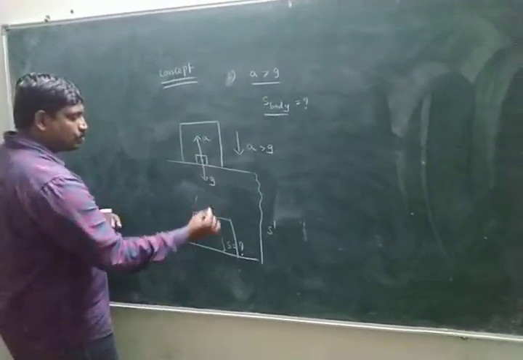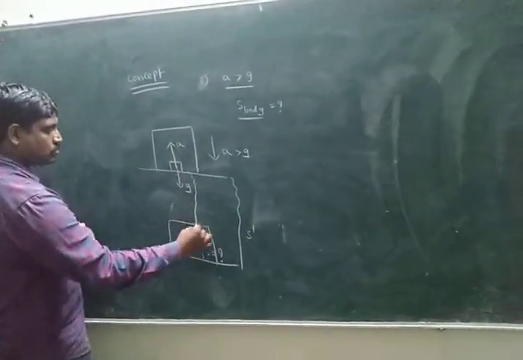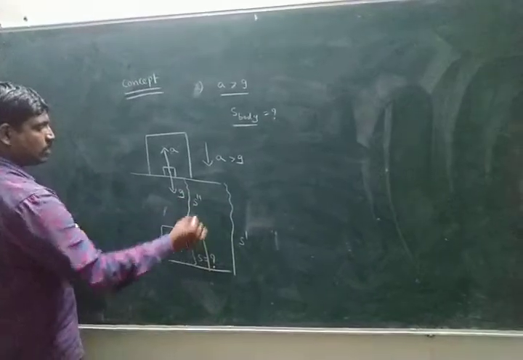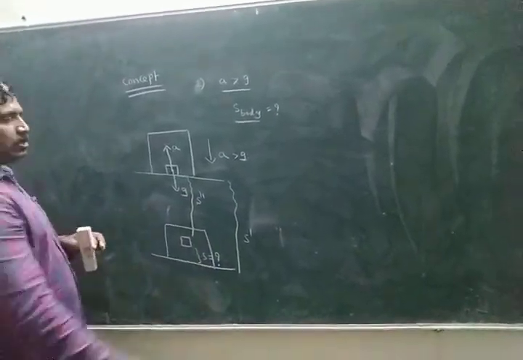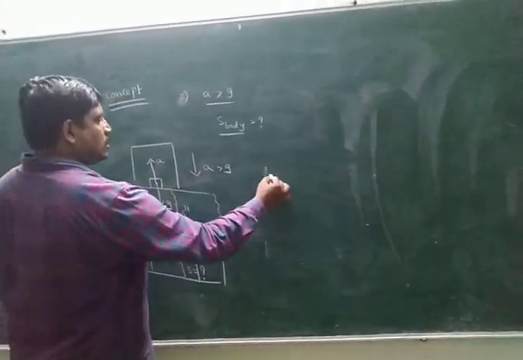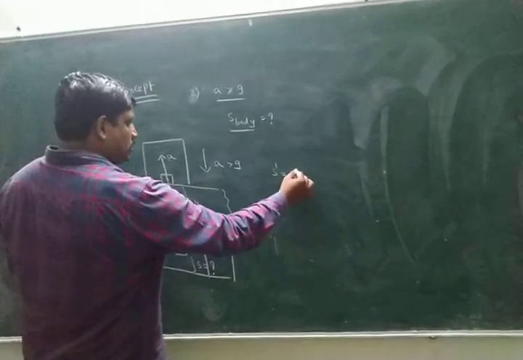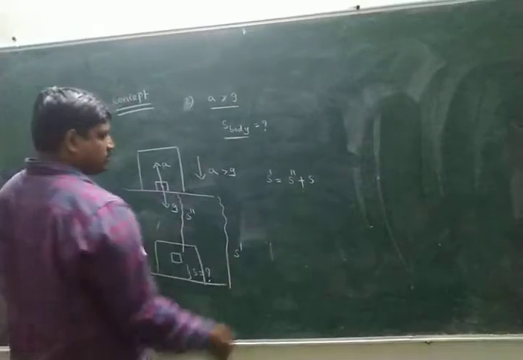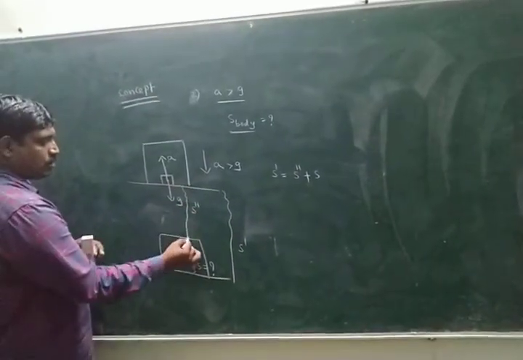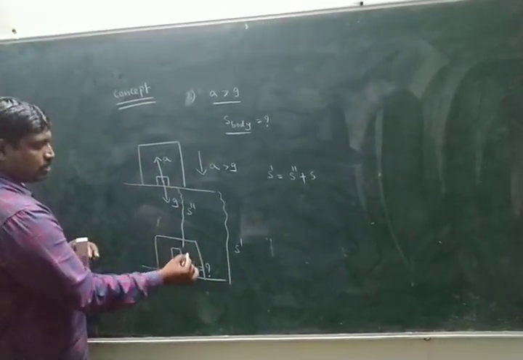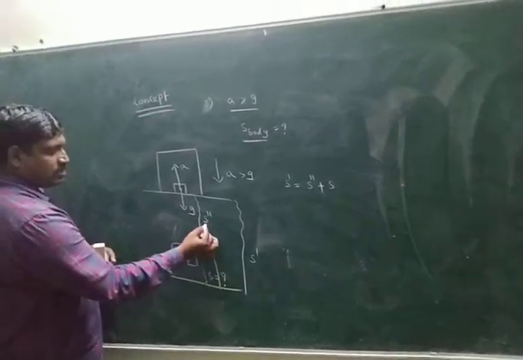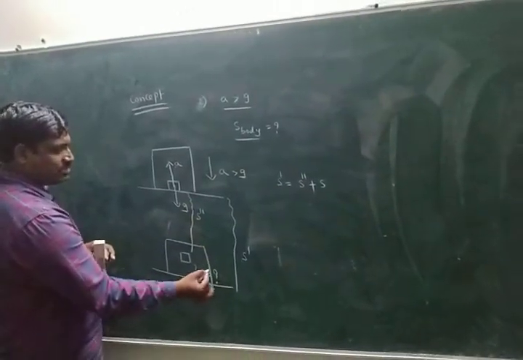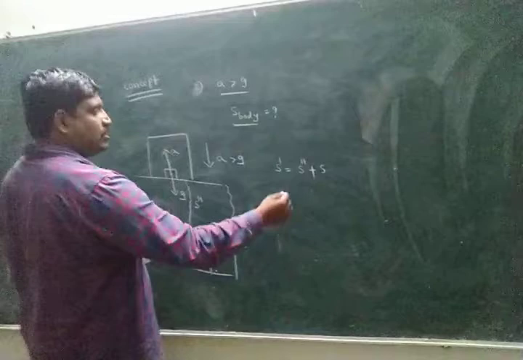The body moves from here to here, which is S double dash. So S double dash plus S equals S dash.